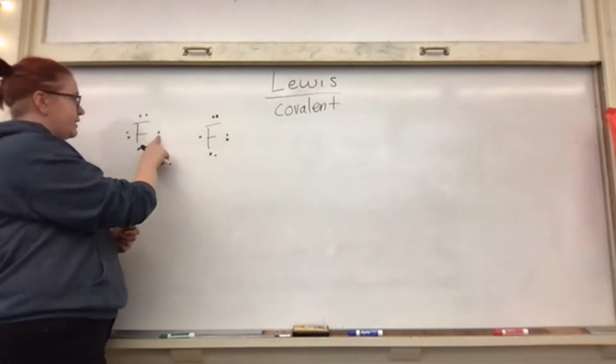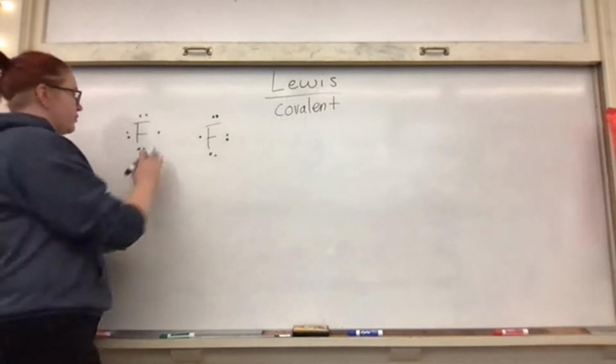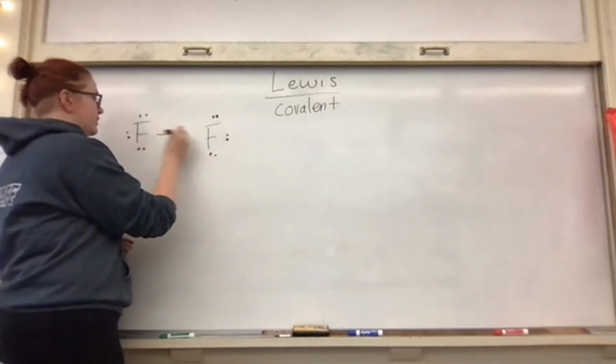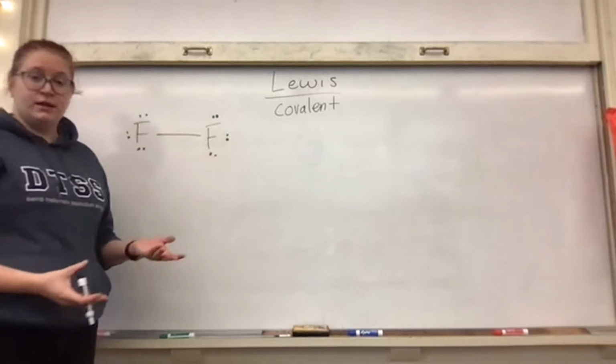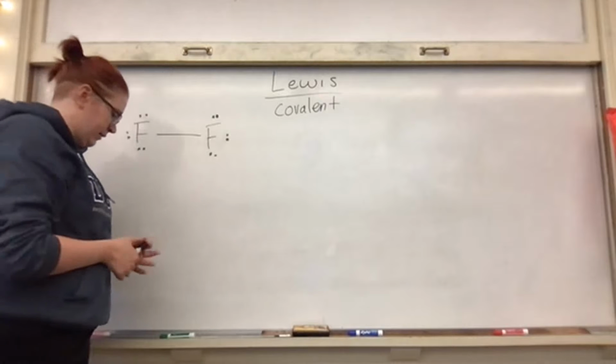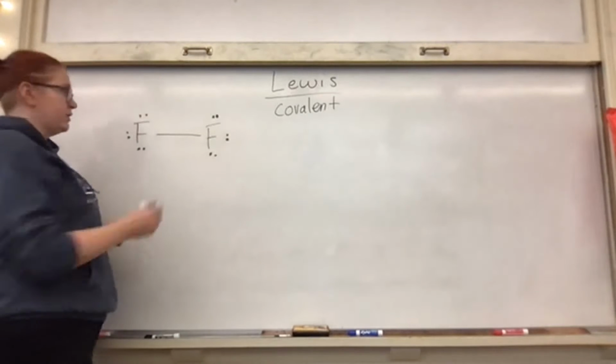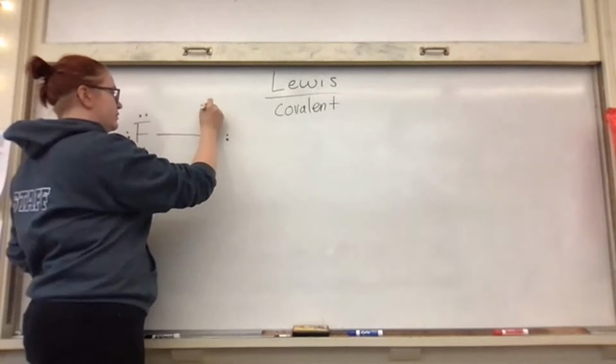Okay, so now you can see that this fluorine wants to share an electron with its neighbor. So the way we show that is actually just a line. That's it. This line means there are 2 electrons there. There's special names for these electrons in covalent molecules.